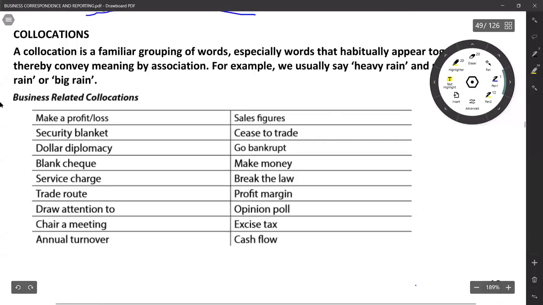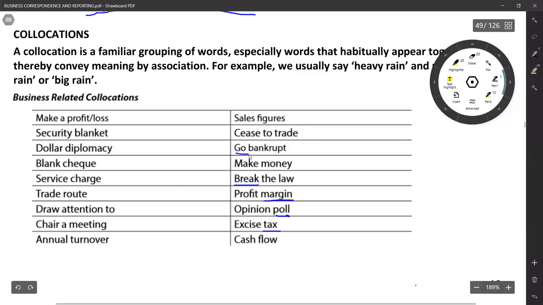Now see this. Business related collocation. They go together. For example, when I say tax, you will tell me direct tax, indirect tax, excise tax. You know that better. When I say poll, you will tell me opinion poll. If I say margin, profit margin. If I say break, break the glass, break the law.